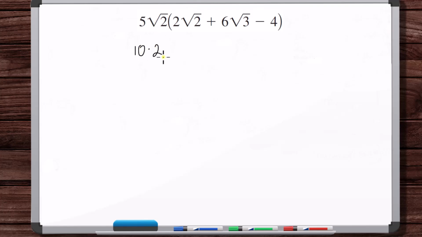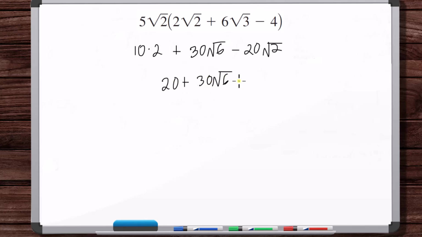Root 2 times root 2 is 2. 6 times 5 is 30. 3 times 2 is 6. 5 times negative 4 is negative 20. So 20 plus 30 root 6 minus 20 root 2. There's nothing more we can do with this. These are not like radicals.